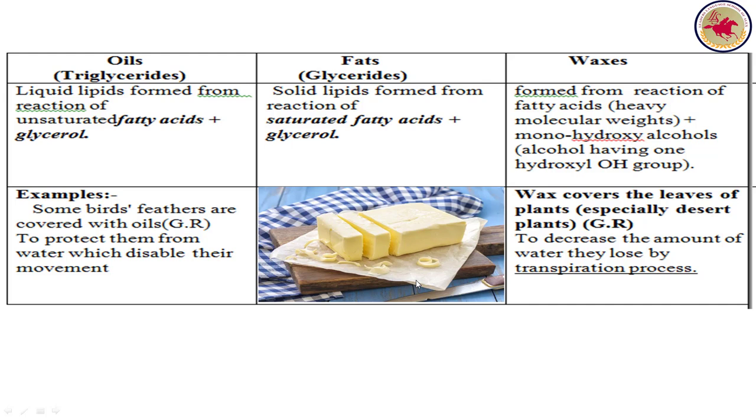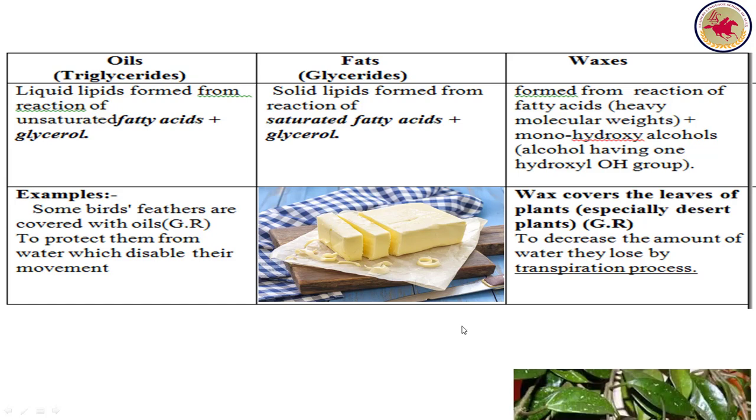The function of wax is to cover a lot of green plants, especially thicker in desert plants, because wax is a transparent layer that covers the green part of the plant, preventing water from coming out. By this covering, the water lost from green plants through the process named transpiration will decrease.